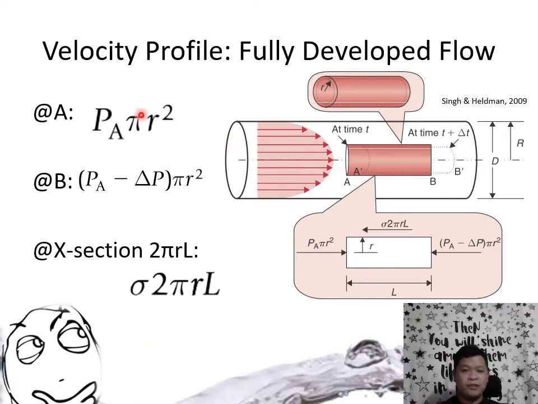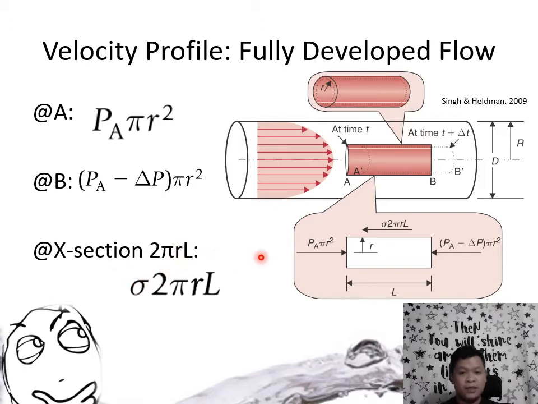So again, still in fully developed flow, if pressure is force over area, then pressure multiplied by the cross-sectional area is equal to the force experienced by the fluid at point A. When you pass along a pipe length, however, you experience a drop in pressure delta P because of viscous forces, as determined by, in this case, sigma 2 pi RL.